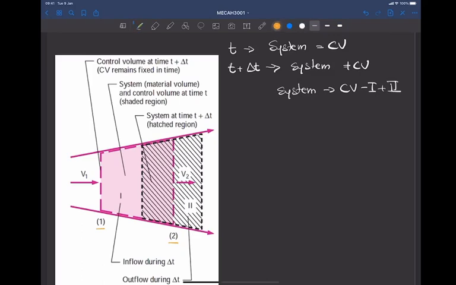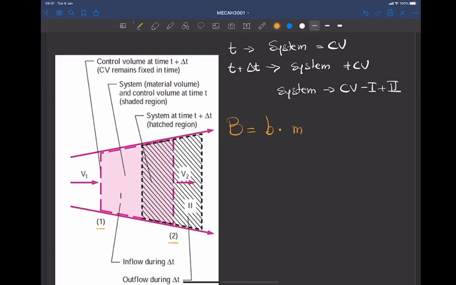Great, so now the question that we ask is what happens to a property B, an extensive property, which can be mass, momentum, or energy. In particular, what is the relationship of this property in a system and in a control volume view? Of course, B can be expressed as the product of the intensive property times the mass.